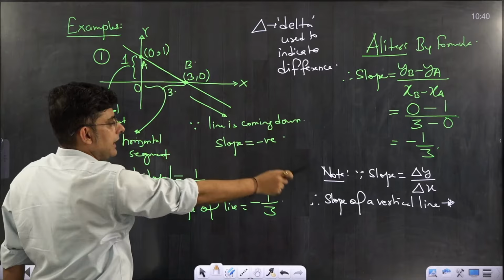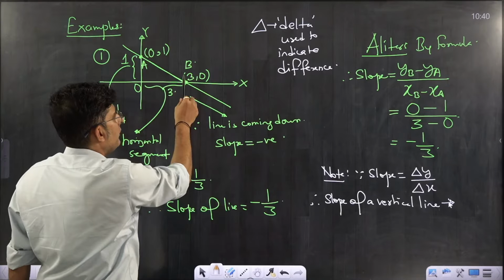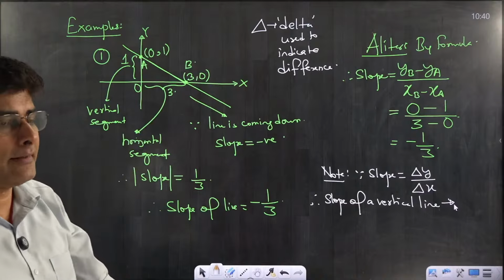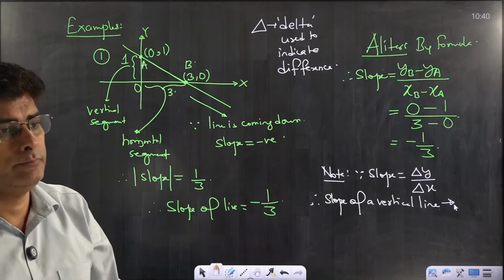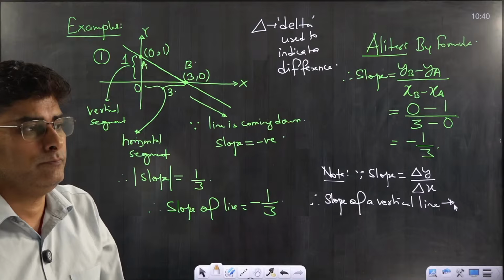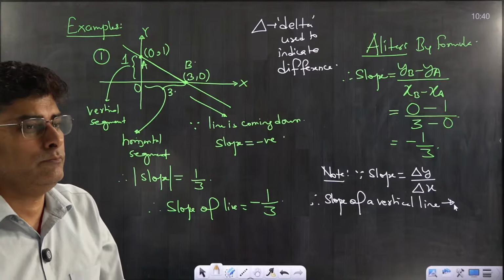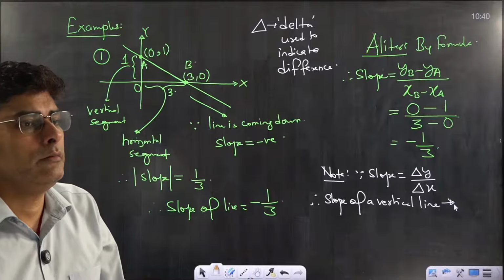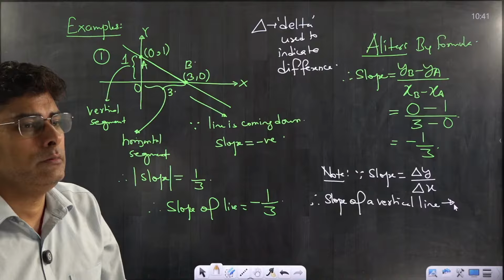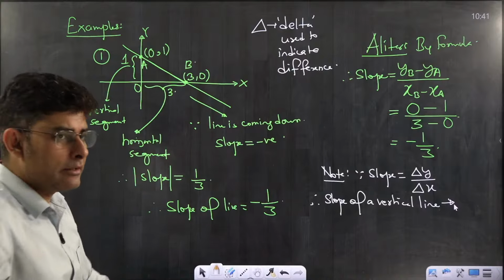If I move vertically, means along the y axis, which coordinate will change, which coordinate will not change? I am waiting for your answers. Correct, y coordinate will change, x will not change.